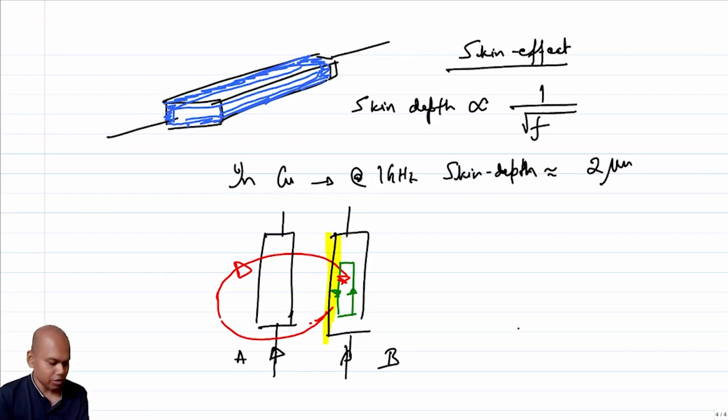Now one way to reduce the resistance is to not have these two spaces so close to each other, right? So increase spacing. But as you can readily figure out, if you keep increasing the spacing, you are going to have a problem with getting enough inductance, right? So how do you go about resolving it?